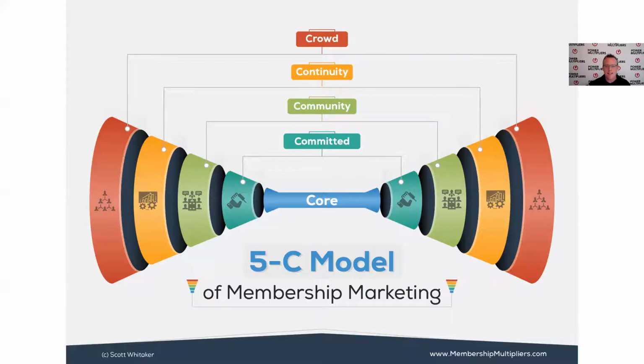What do I mean by this? Well, let me ask you this question. If I was to ask you, who are some of your most committed members? Would you be able to name some names? Now, immediately, I think about my membership at the Membership Accelerators Club and Membership Multipliers. I am able to identify people who have increased their level of commitment and have taken that next step to say they're committed to the membership.